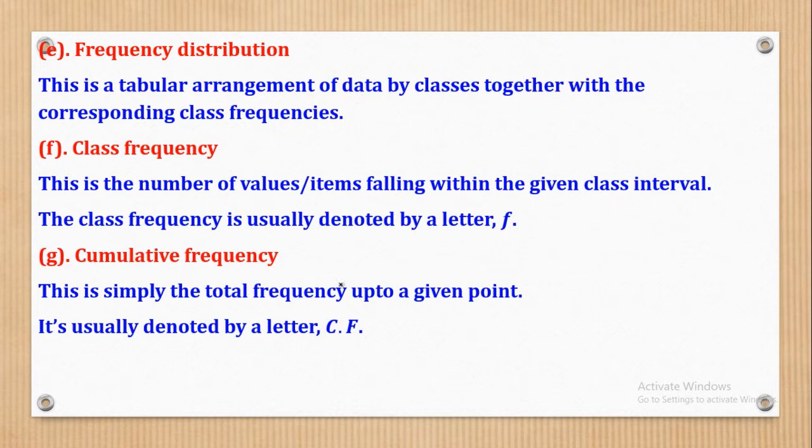So it is better to denote cumulative frequency with C dot F. This dot has to be seen. If it is not there, it means that you are multiplying capital C with capital F, as we do with fx, which is not true.